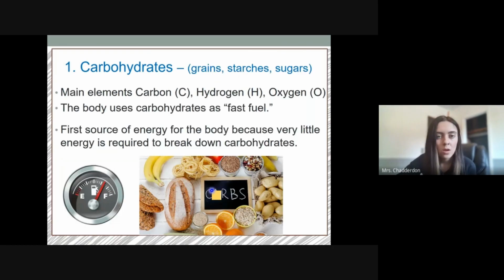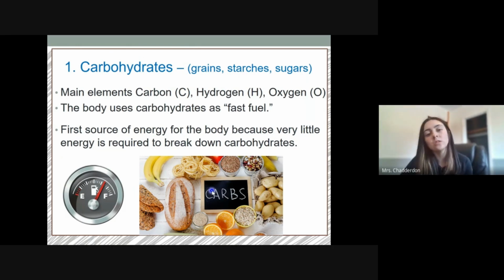So let's start with our first macromolecule. We have carbohydrates. Carbohydrates are your grains, your starches, and your sugars. The main elements that form carbohydrates are carbon, hydrogen, and oxygen. The body uses carbohydrates as fast fuel.